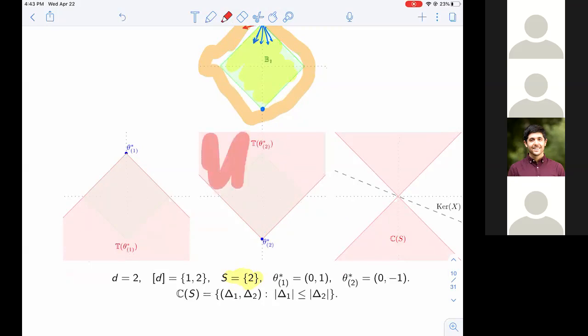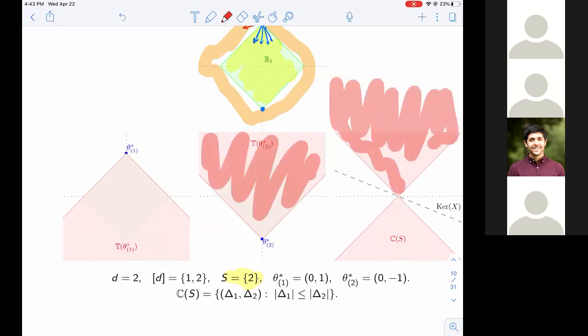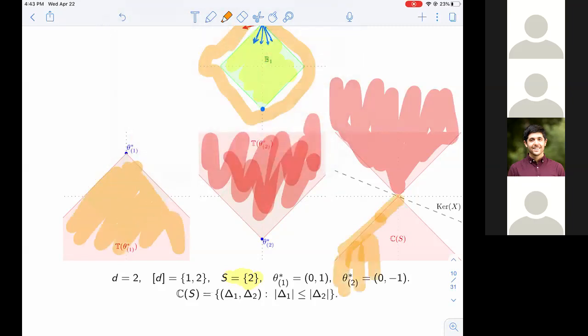This thing, just move it to the origin, it would be this thing. And the other thing would be this guy, I have to move it to the origin. So that would be this guy here. Okay, so that would be my union of these two.